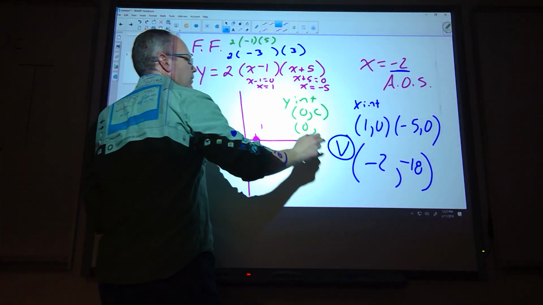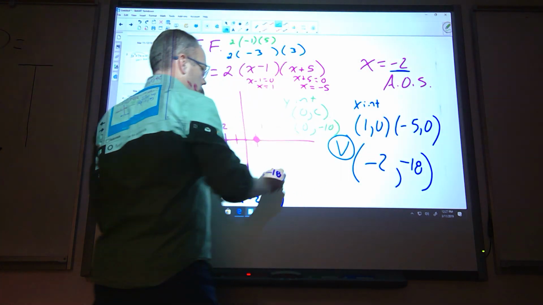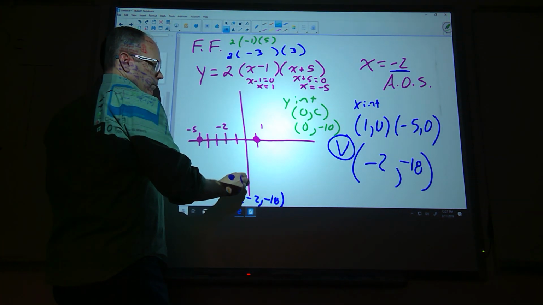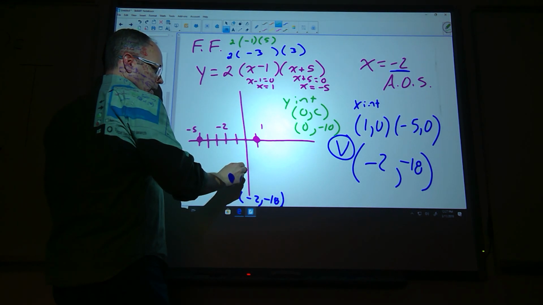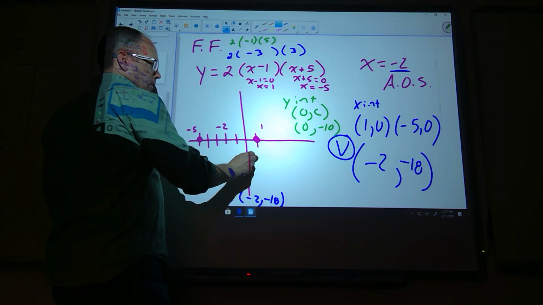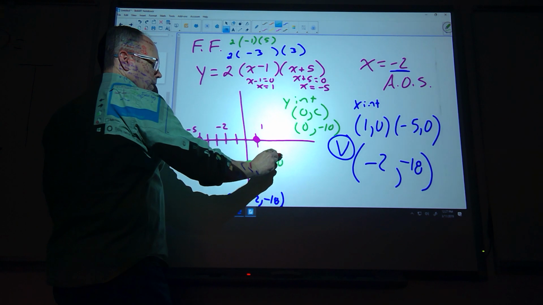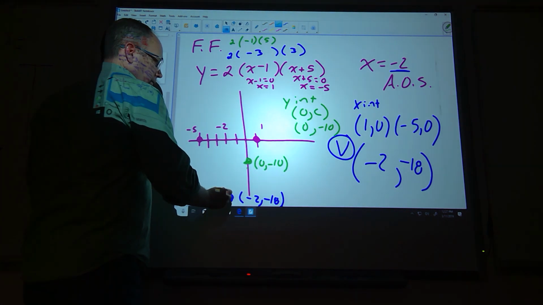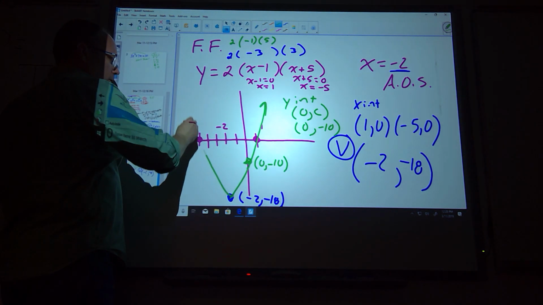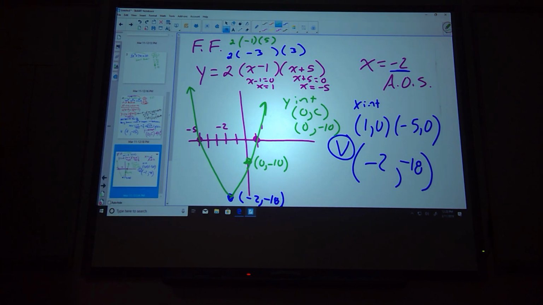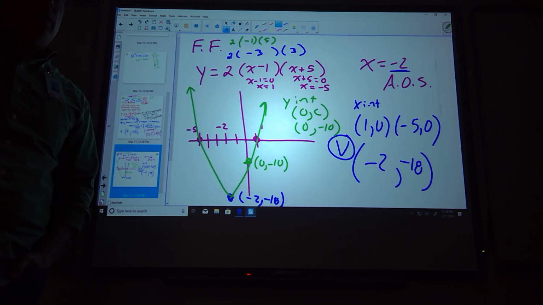Negative 2 times 5 is negative 10. And so that's like somewhere down here. I don't know. My graph is way off though, but that's what my graph could start looking like. Did we answer all those questions there?